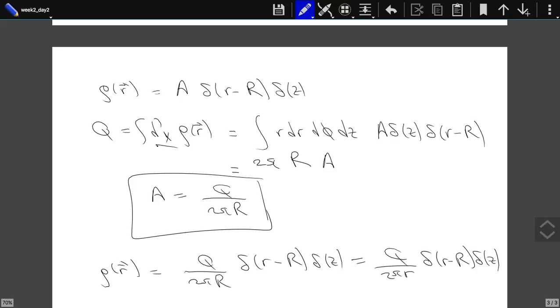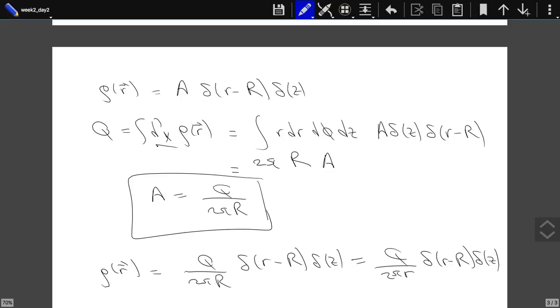For a point charge also, for example, the charge density at the position of the point charge is infinite. Because no matter how small the volume you take, the point charge is inside it. All of it is inside it. So the charge inside this very small volume will be constant, independent of the volume. But we are dividing it by the volume, which we take to the 0 limit.